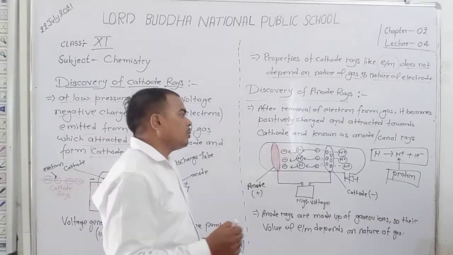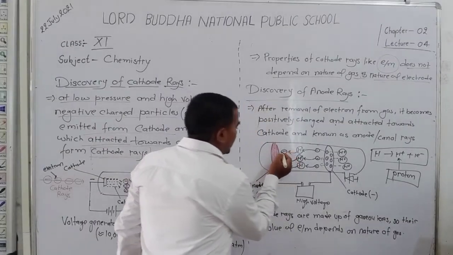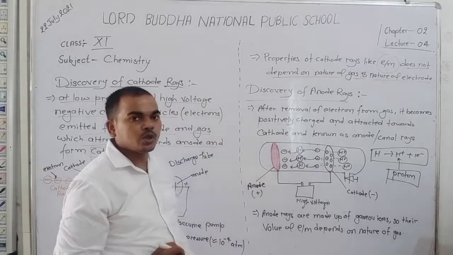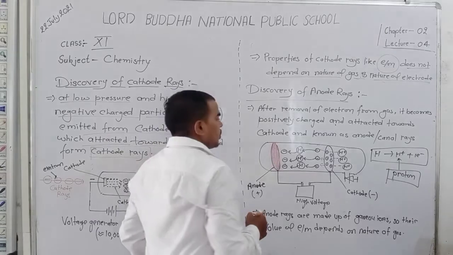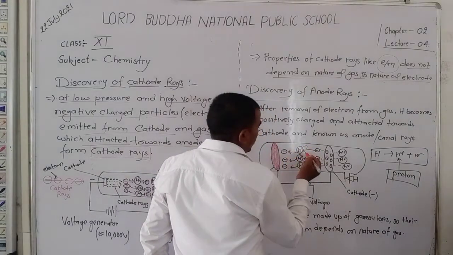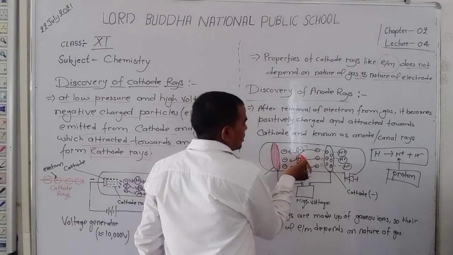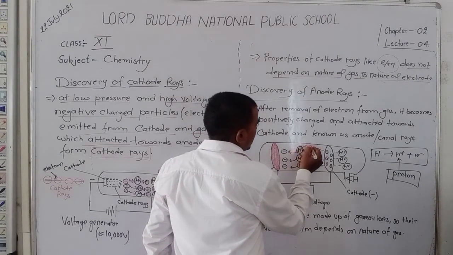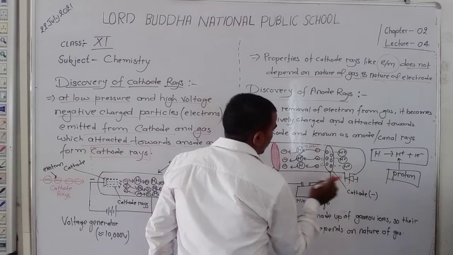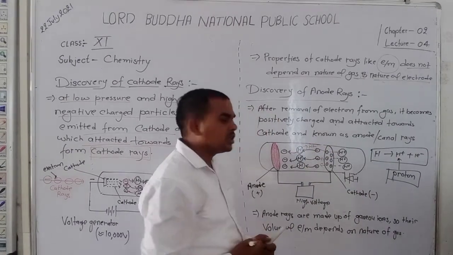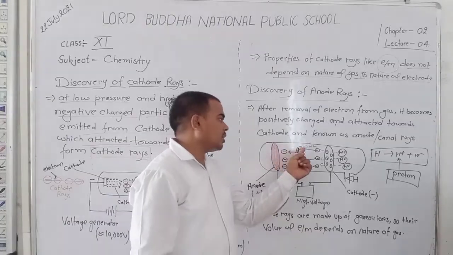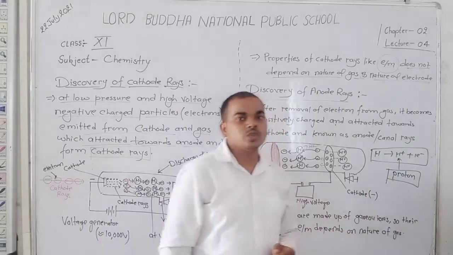Dear student, here the negative charge is attracted to the anode because the anode has positive charge, but the proton, which is generated by the electron hitting the gas, moves toward the cathode, because the cathode has negative charge and the proton has positive charge.